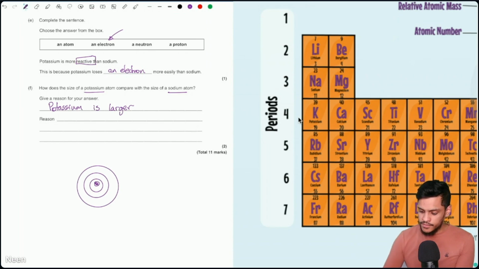And if it was sodium, it would be 2, 8, 1. But for potassium, you would have a fourth shell in there because it's one below it.